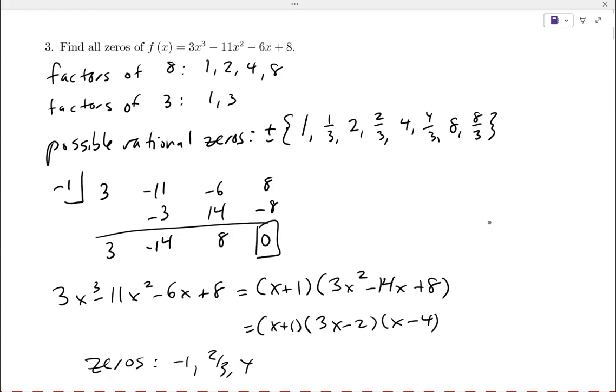Again, notice that our goal was to use the rational zeros to get this down to a quadratic, then either factor or use the quadratic formula, one or the other. Okay? Let's do another one.